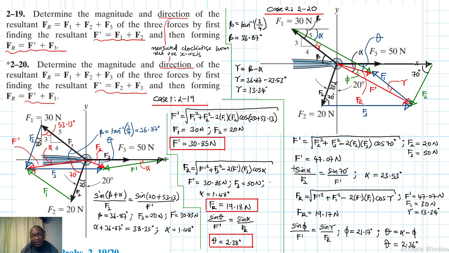In the second case, we have F prime equal to 47.07. Then we have the resultant, which is 19.17. The difference between the first case and the second case is 0.01. The reason being that because of rounding off, and so is the angle. We have a difference of 0.02. Again, the difference is mainly due to the rounding offs.